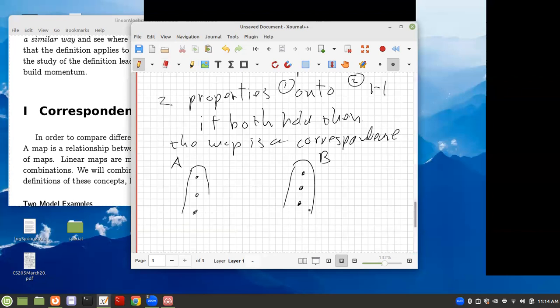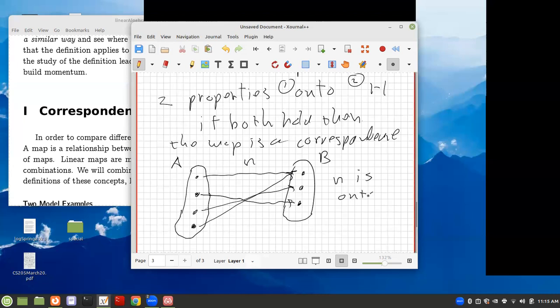Say B has three elements and A has four elements. Every element here has to have an arrow coming from it, so this one has to go somewhere. Say it goes up here to this first one. Well, this map N is onto.